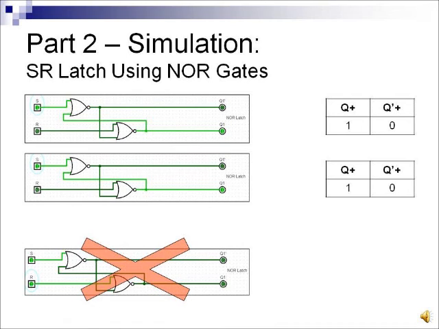These are the final two expected results, and we can see in that first one that when the value on S is changed, we get a value of 1 on Q. We can also see the issue with both S and R being high. We get 2 zeros, and this is not desirable.